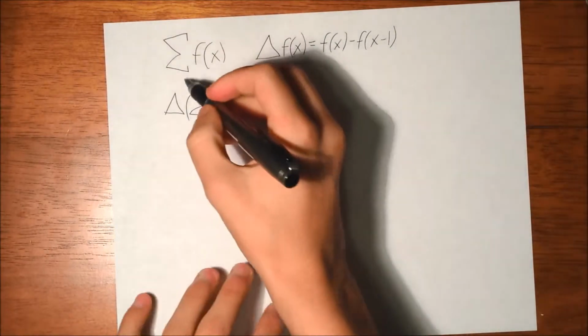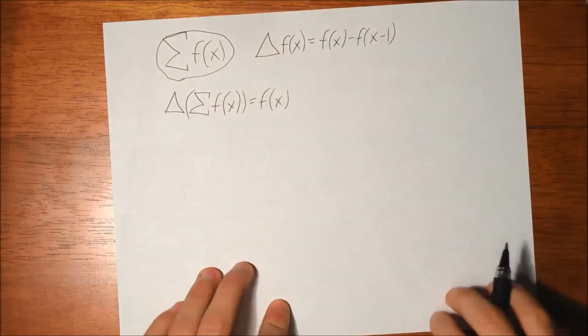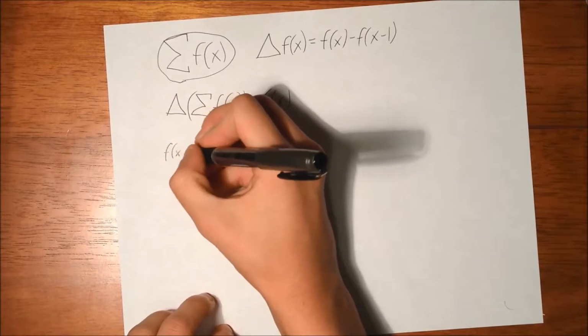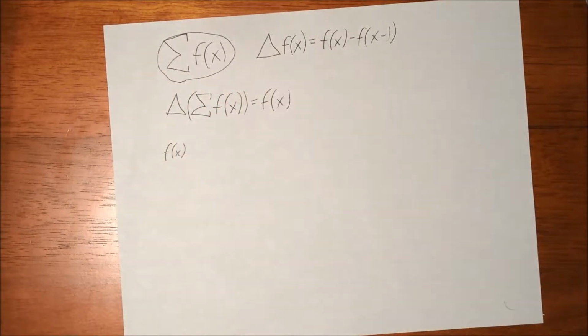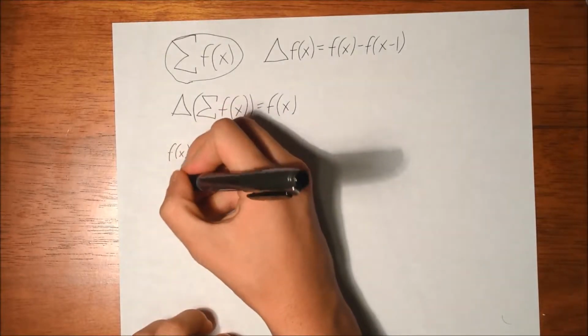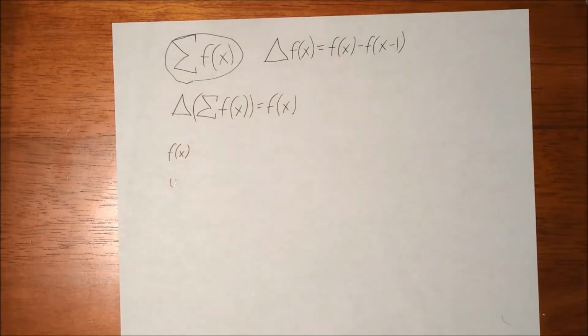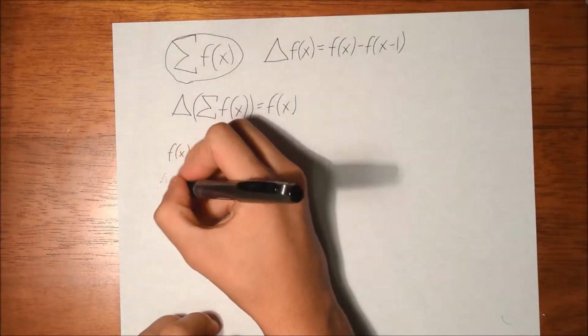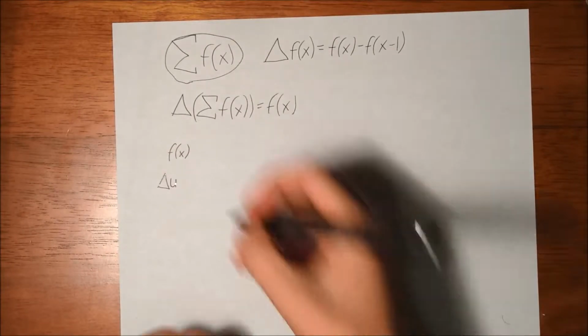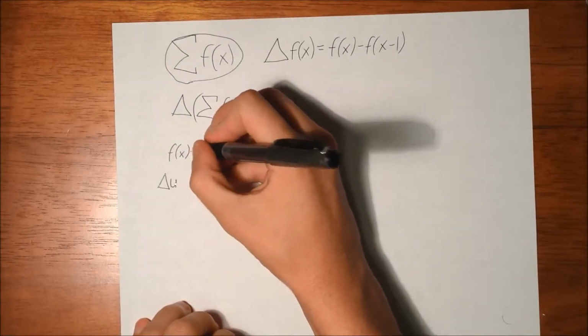So if you have a value f of x and you want to find its indefinite summation, you can come up with random values u. They're actually not random, but they don't have to be anything specific. And you take the delta of u, and you take these values of u and you add them to f of x.